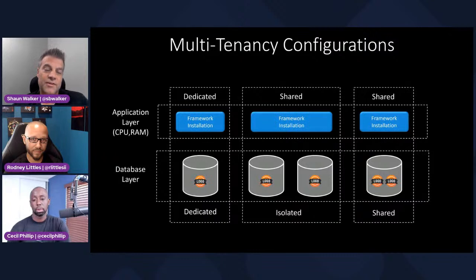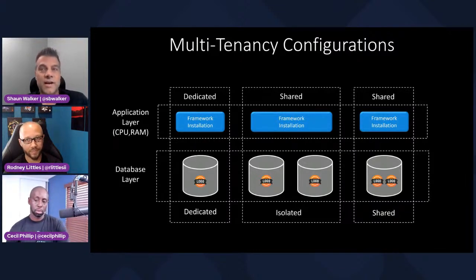Multi-tenancy, I think, is something that a lot of software developers would like as part of their application, the ability to actually serve multiple needs out of the same runtime application.